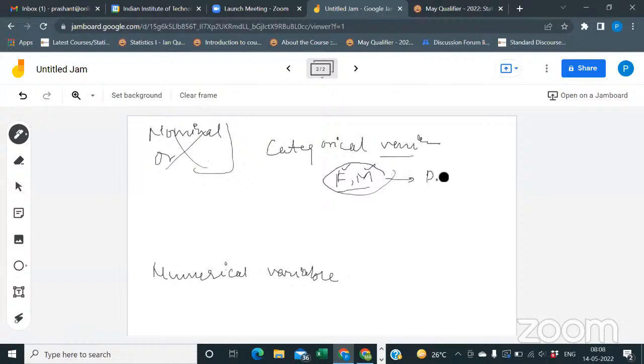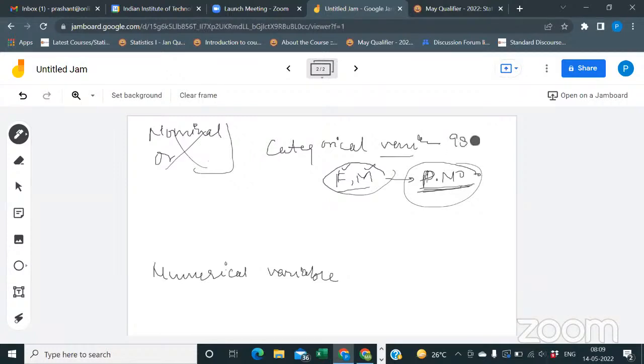Suppose I'm saying phone number. Will phone number be numerical or categorical? Categorical, sir. Why? Because it has a number, but we cannot perform mathematical operations on it.